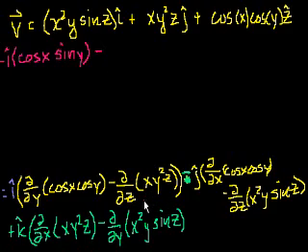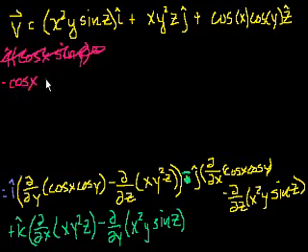Now we have to take the partial with respect to... Sorry, actually, I forgot to do this part. Let me start over, actually. So, let me just take this expression, then I'll multiply it by i. The partial of this with respect to y is cosine of x times minus sine of y. Let's put the minus out front. Minus sine of y.